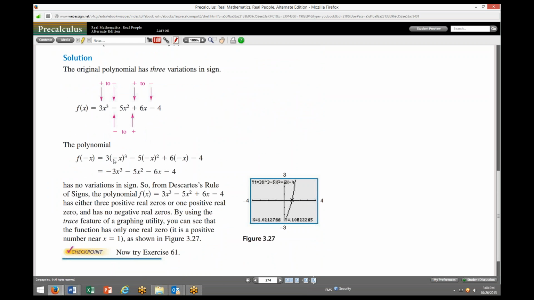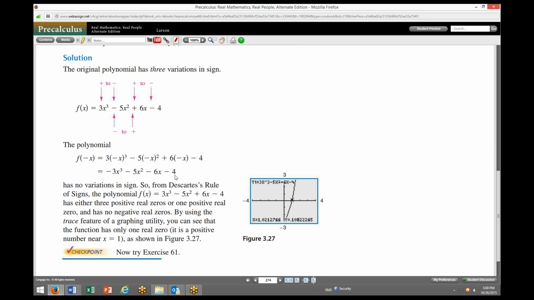And then you process all these signs. For instance, negative x to the third is actually negative x to the third, so it's negative 3x to the third. Sign does change there. Negative x squared is still just x squared, so no sign change there. But negative x times 6 is negative 6x, so that term changes its sign too. And now notice what happened.